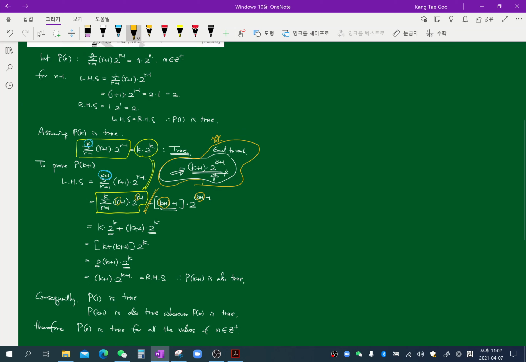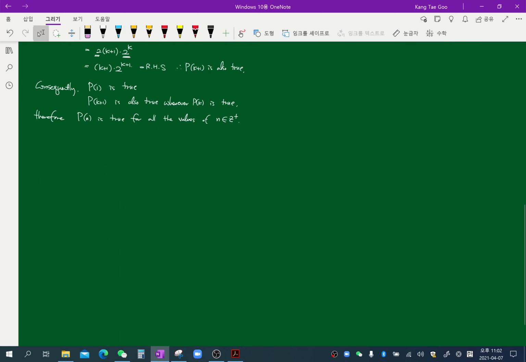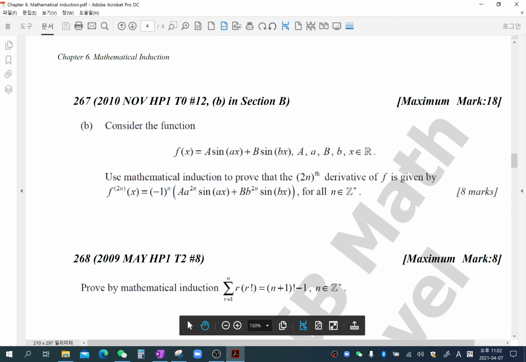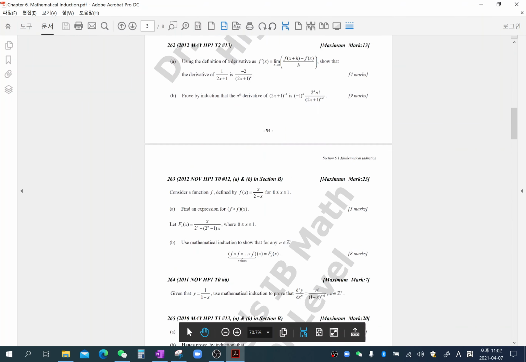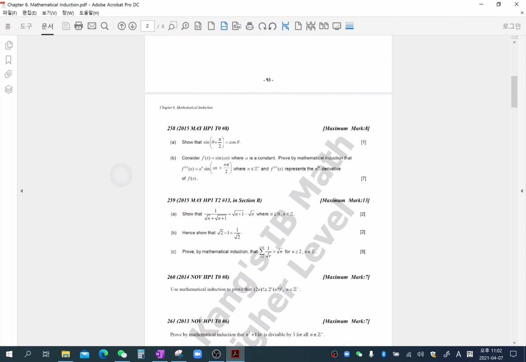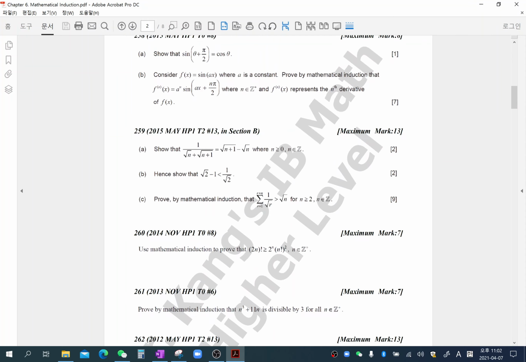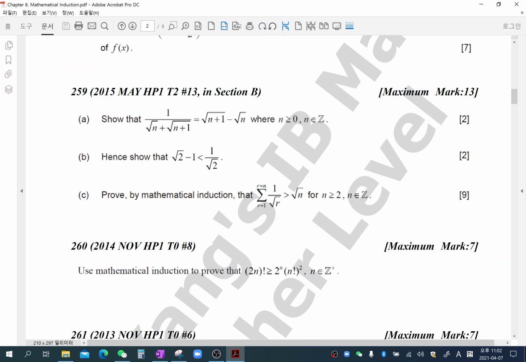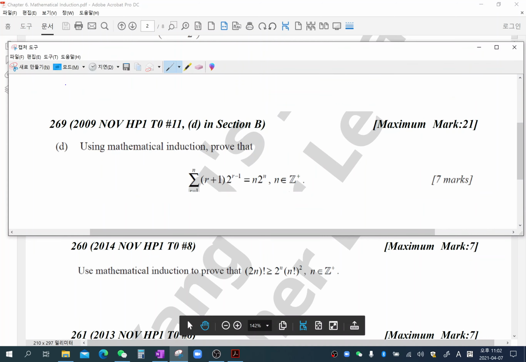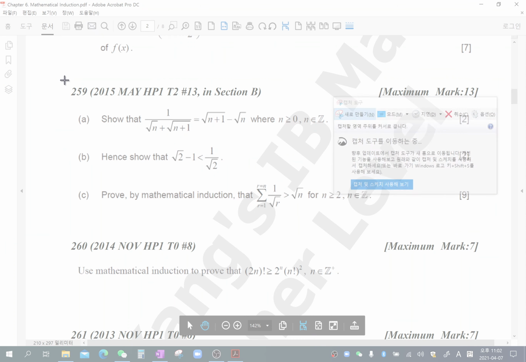Then the second example is about inequality. I solve for number 259.